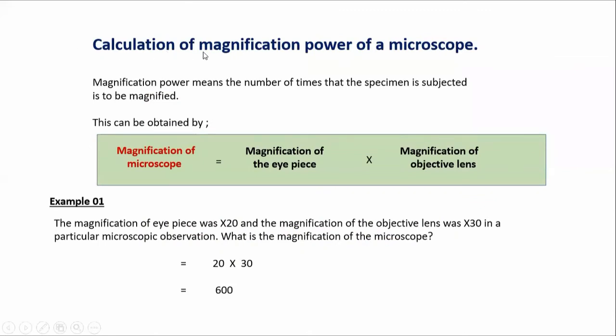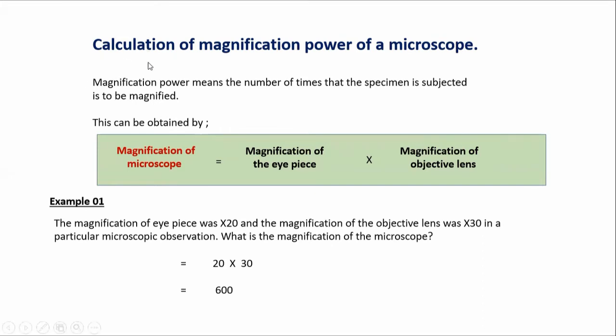So, calculation of magnification power of a microscope. Magnification power means the number of times that the specimen is to be magnified. I already explained what magnification is: the process of enlarging the original size of an object is called magnification.